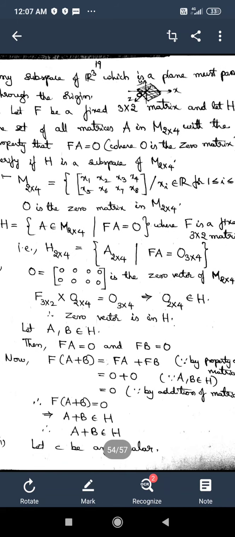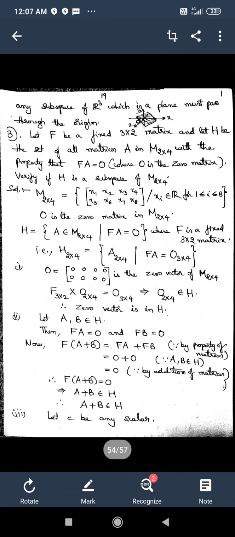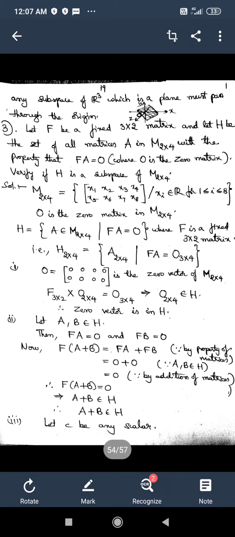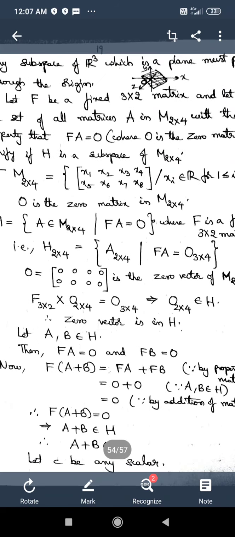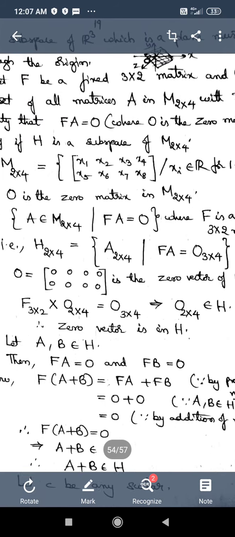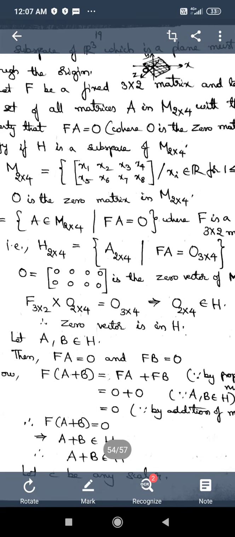Now I want to show that the set H contains the 0 vector, which is O. I should have written O dash here, because that O is different from this O: in FA is equal to O, the O is of order 3 by 4.